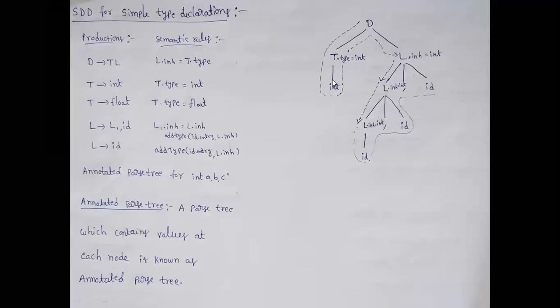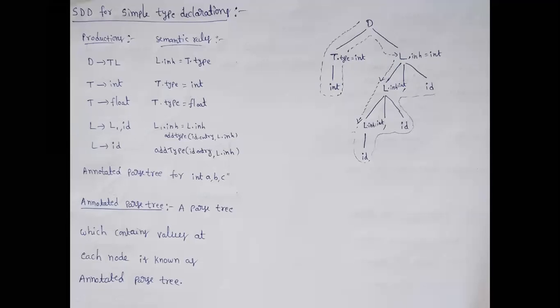So here T produces int, then this capital L. In this capital L we are having two productions: L produces L1 comma ID and L produces ID. Let us consider L produces ID. So we are stopping there.